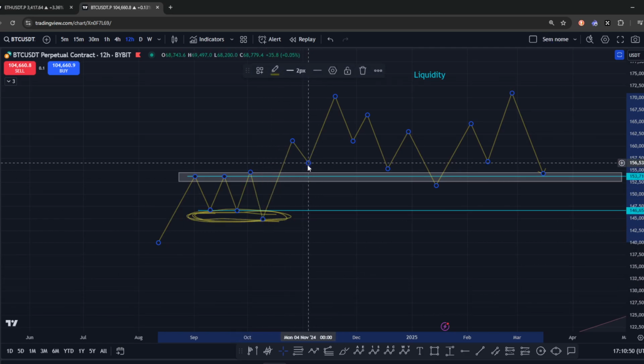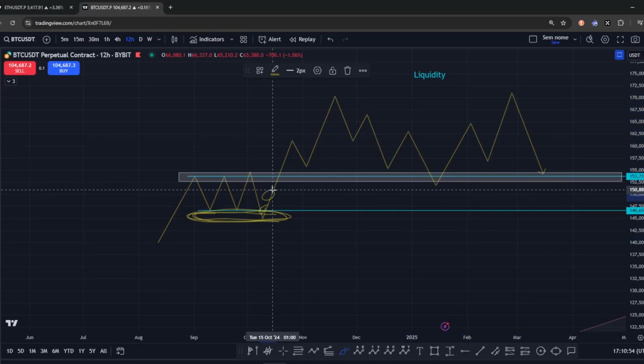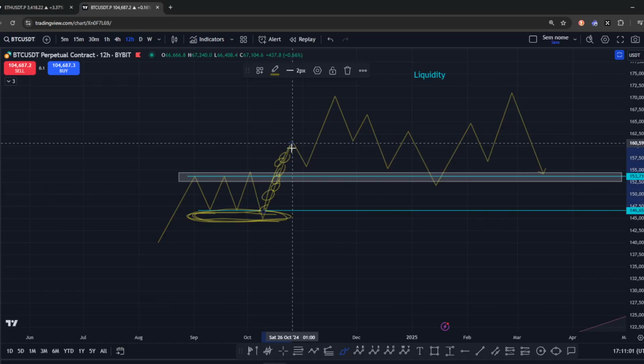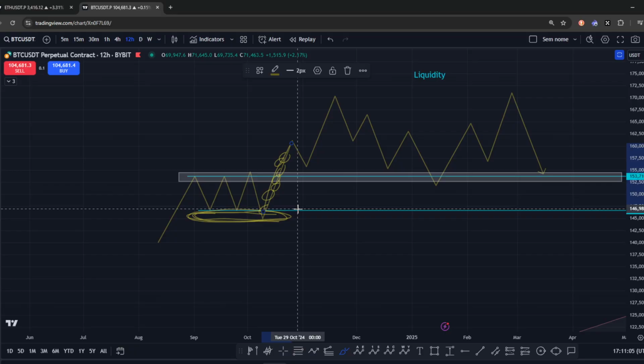So every time you see a move, there are more buyers than sellers. That's why the price starts to go up. It's to fill those buy orders coming in aggressively.